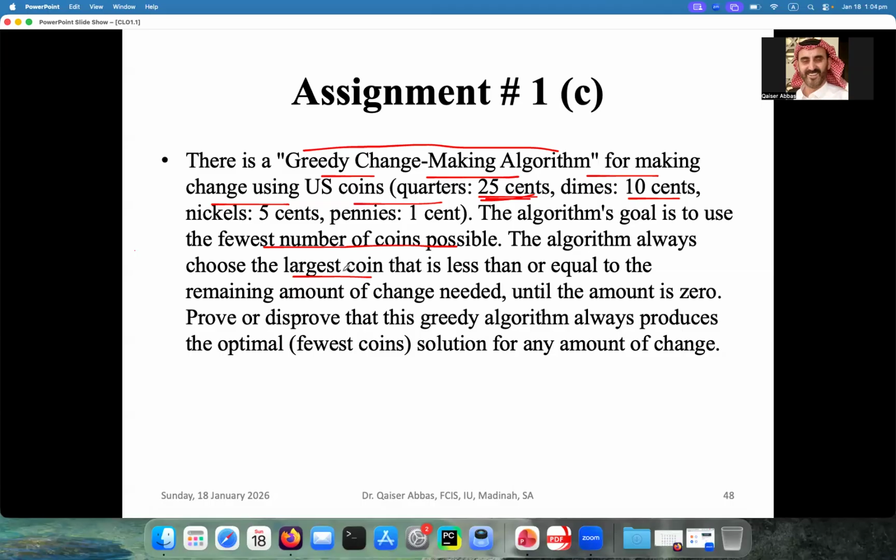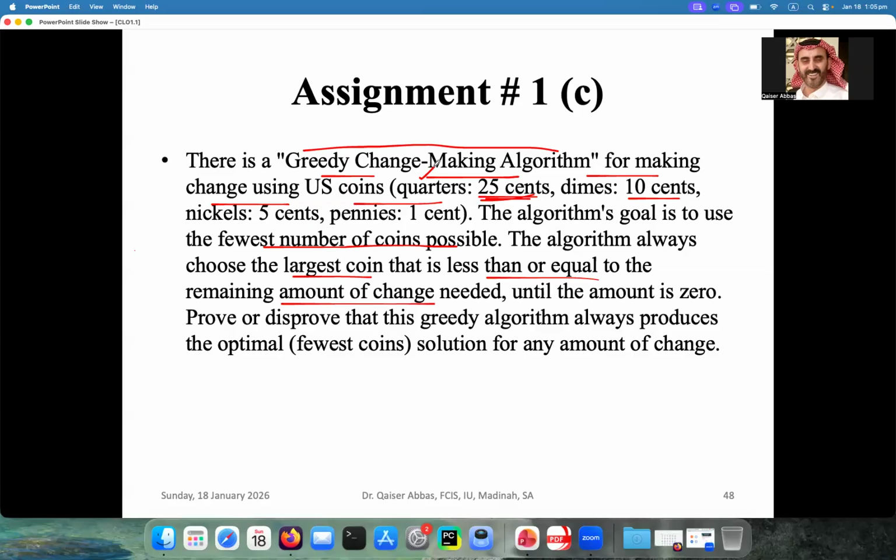So the algorithm always chooses the largest coin that is less than or equal to the remaining amount of change needed. If you give 50, it will give you two quarters, 25 and 25, which is 50. If you give it 65, it will give you two quarters, so 50 is gone.